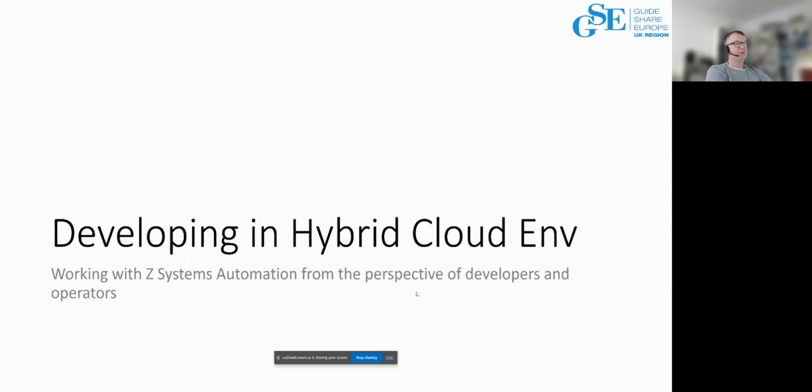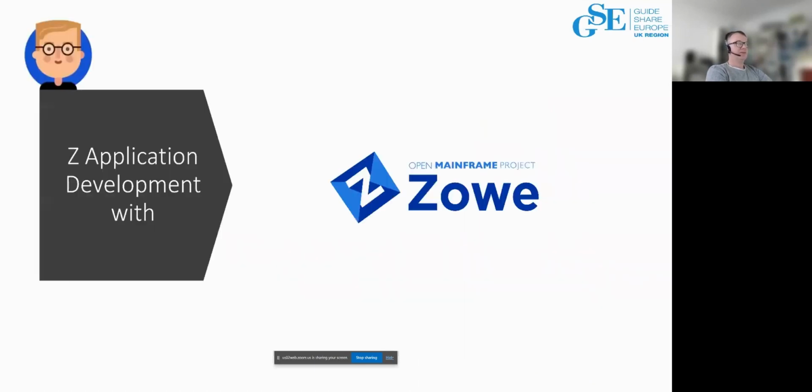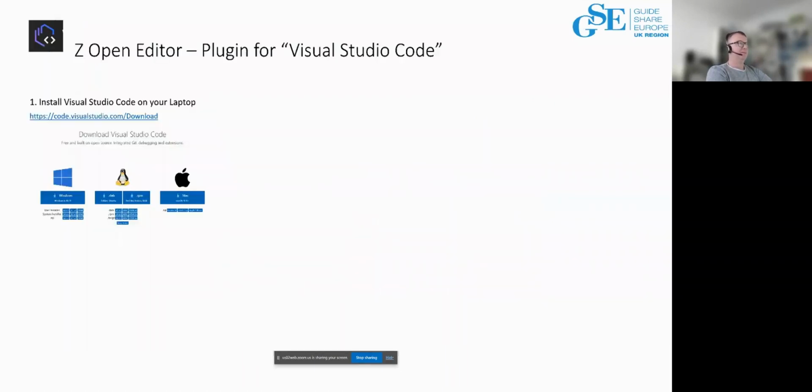So in this kind of hybrid cloud environment and in a DevOps environment, how can you use those applications to work? Let me first start with Eric and how he does the application development and how the Zowe mainframe project can help here.